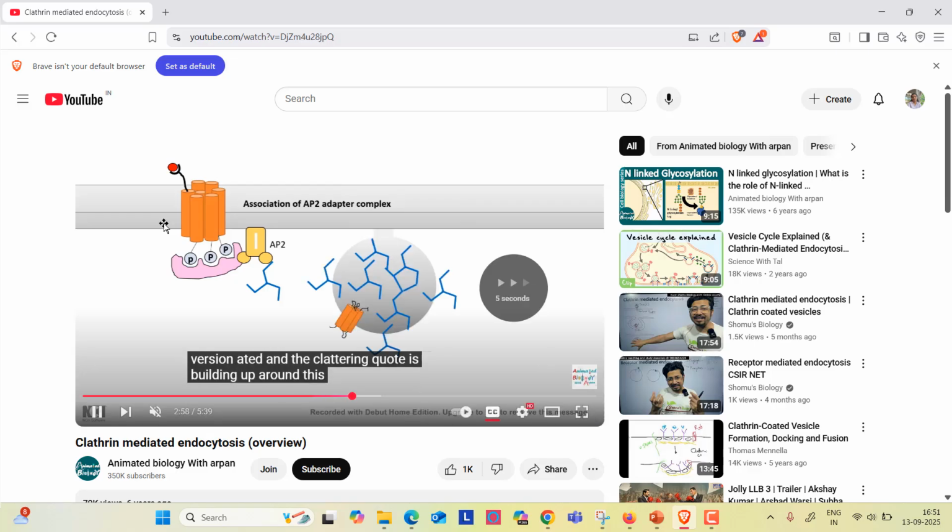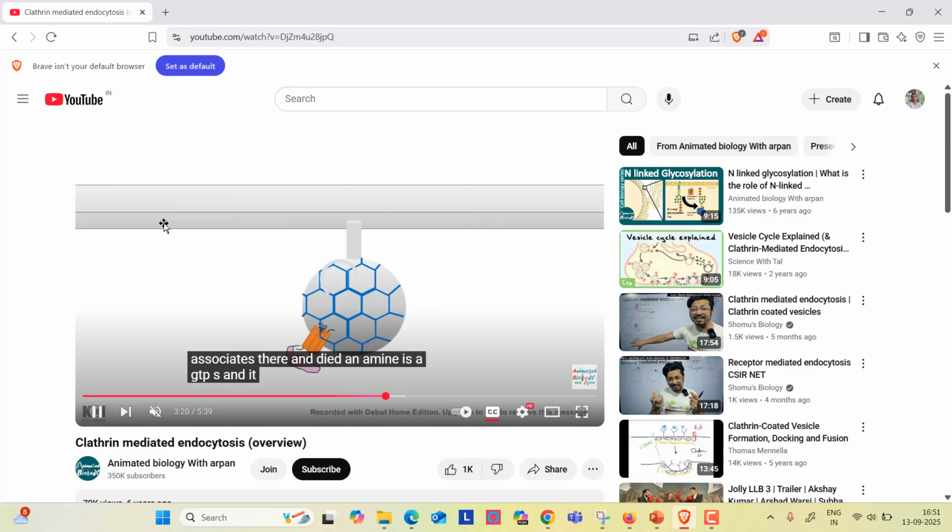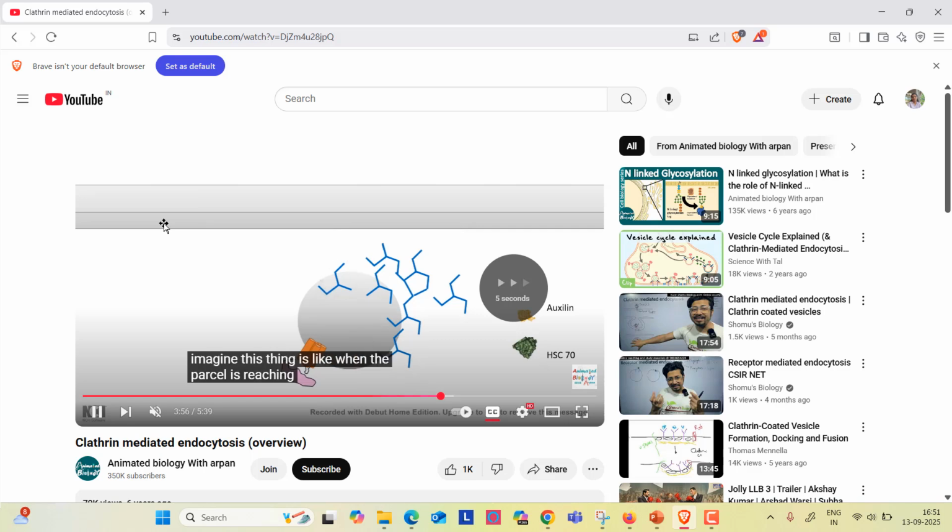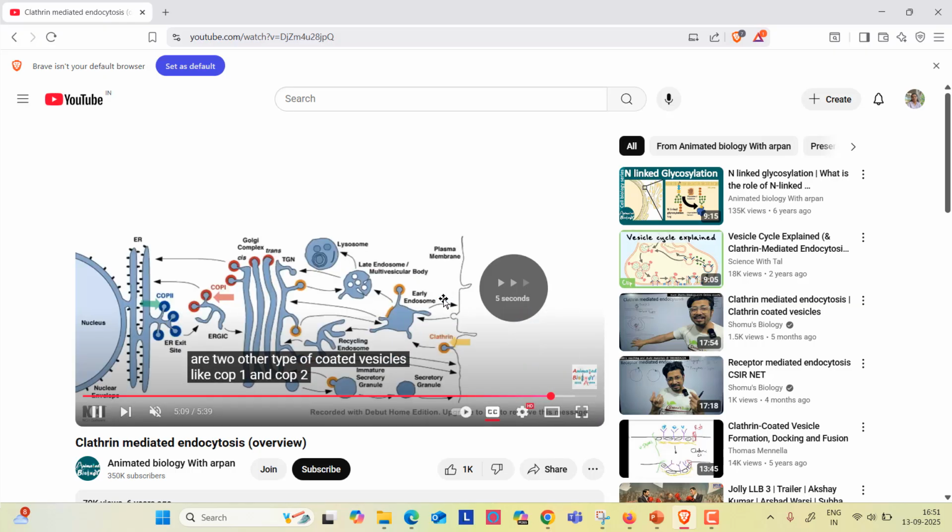So you can see here how this membrane is forming a clathrin-coated vesicle. Right?